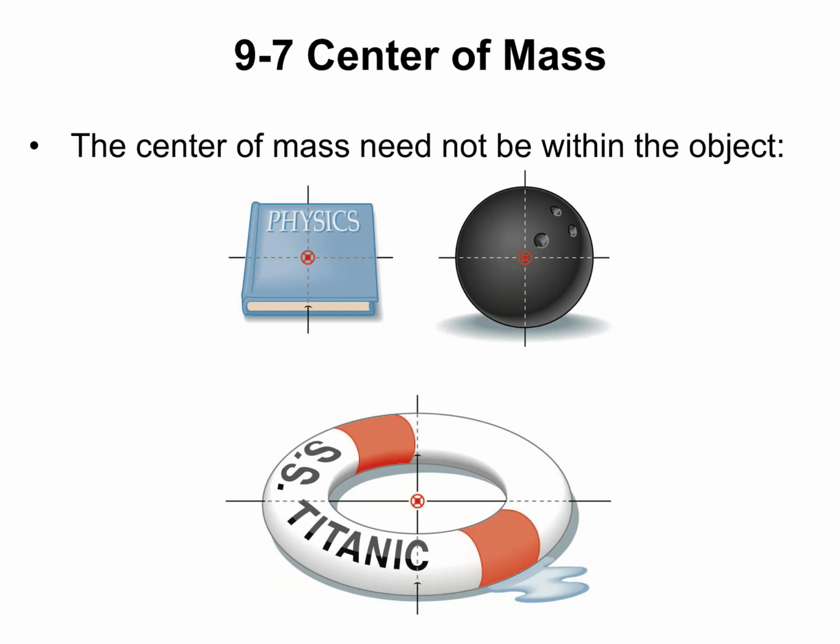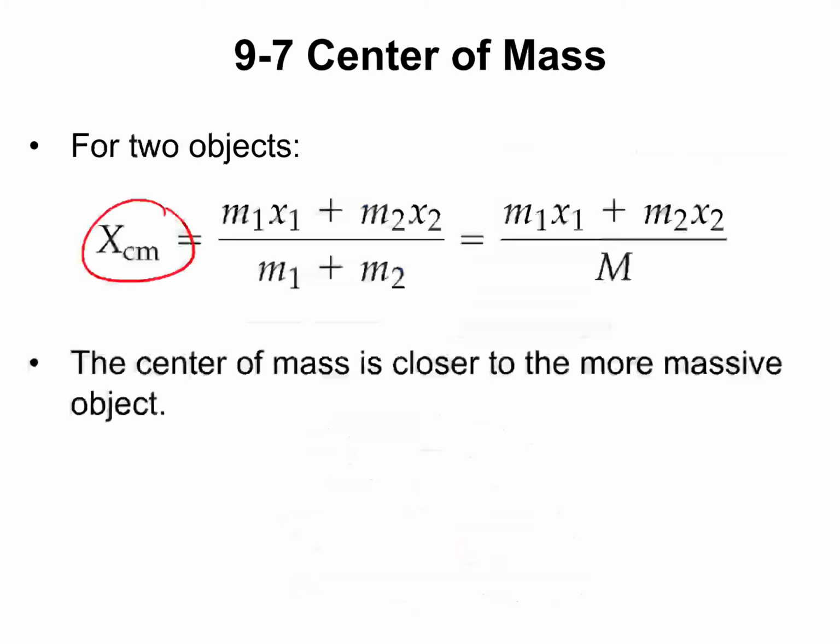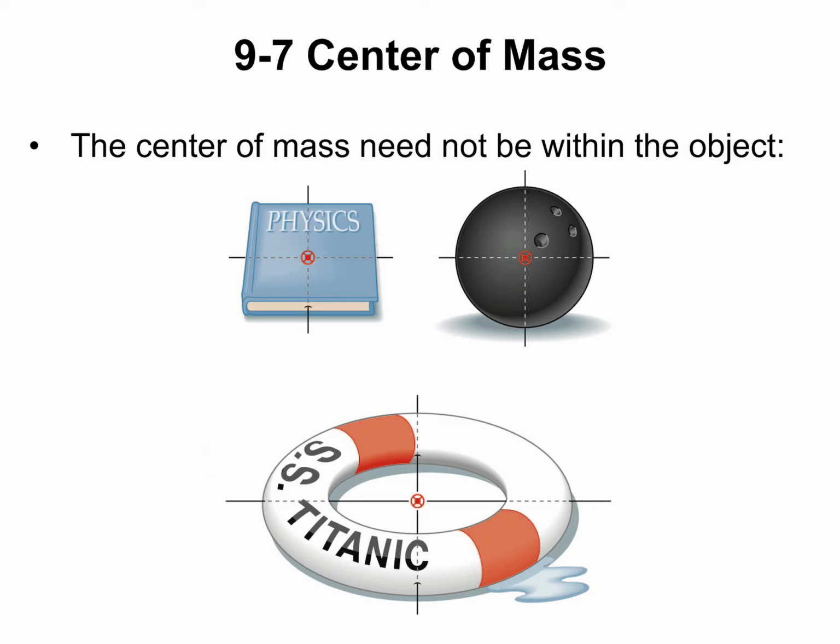So that is the x coordinate of the center of mass. And the same way, you can figure out the y coordinate and the z coordinate of the center of mass if you have a three-dimensional problem. And the center of mass is not necessarily within the object.